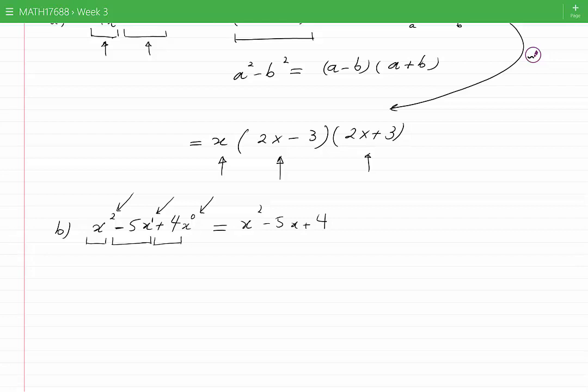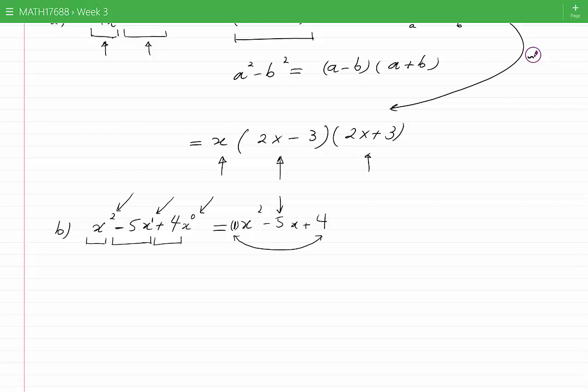To factor this, you will note that the coefficient of the leading term, which is x squared, is 1. I'm going to consider this 1 and 4 together and minus 5 separately in the following way.